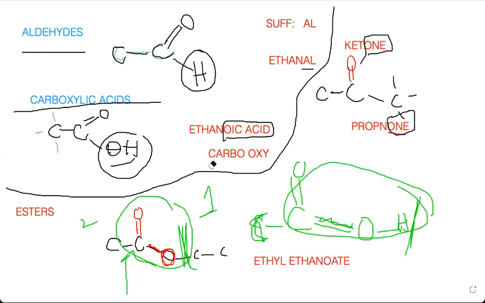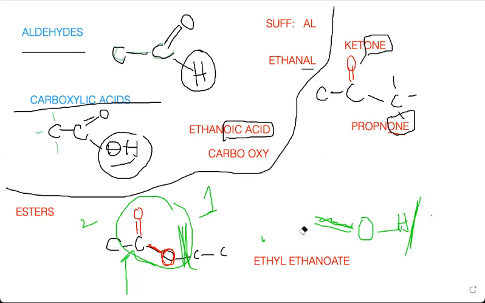So keep in your mind that ester and ketones can be present in the middle of the chain. Carboxylic acid and aldehyde are both present at the corner carbon, not in the middle carbon. You can never make carboxylic acid with the middle carbon. See, 1, 2, 3.